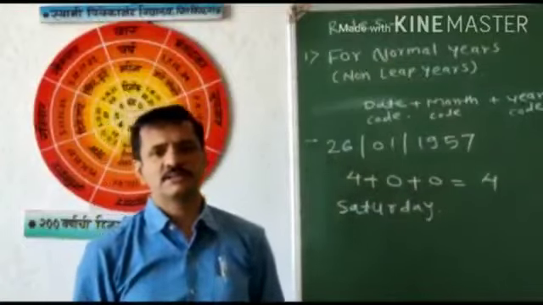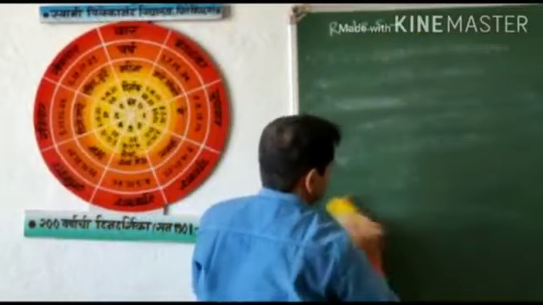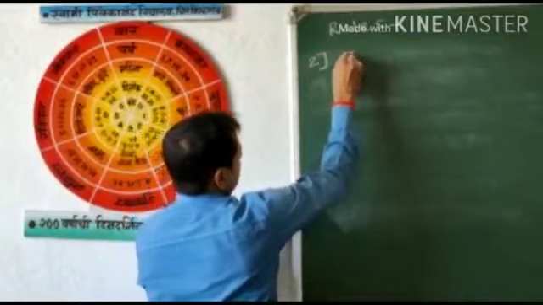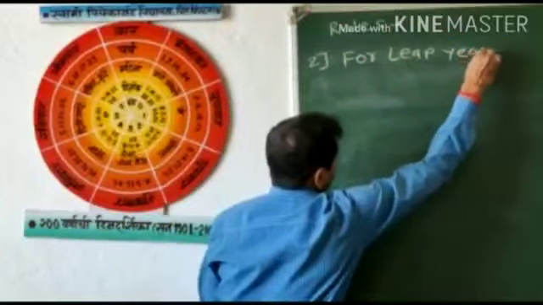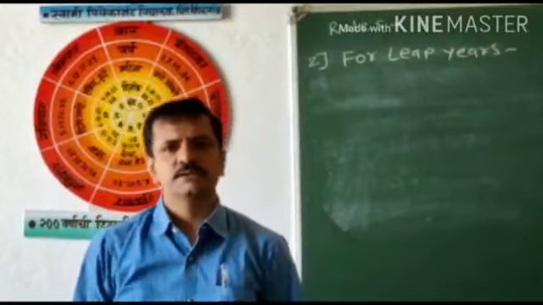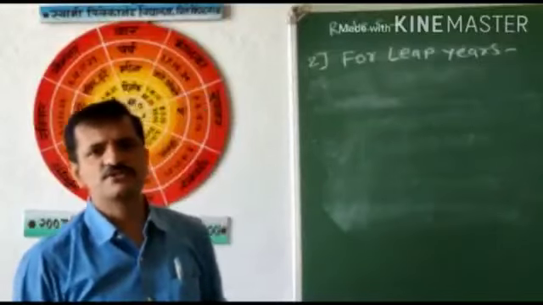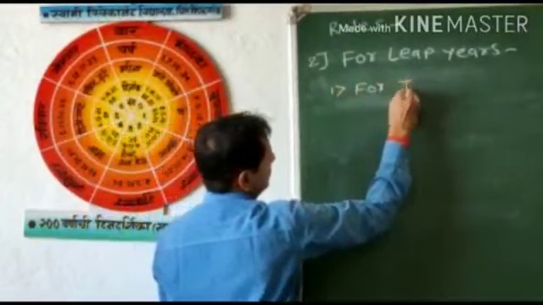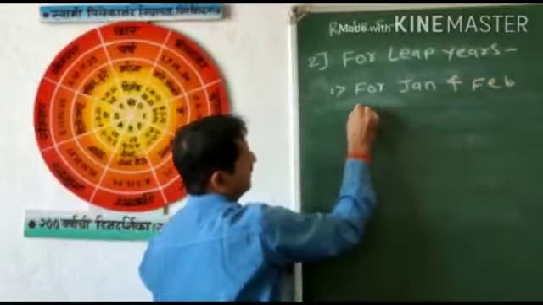Now for leap years there are other rules. For leap years, for months January and February, we use the calendar as for normal years.